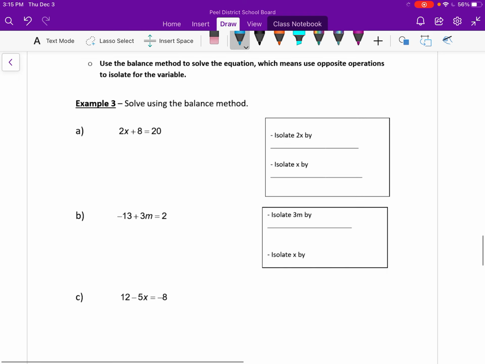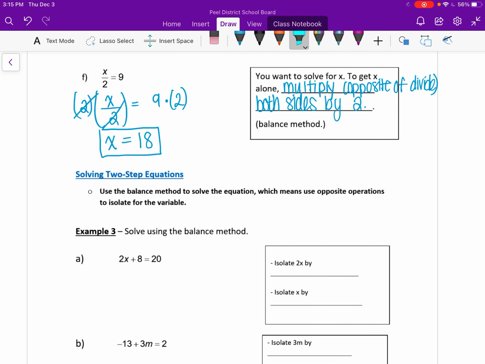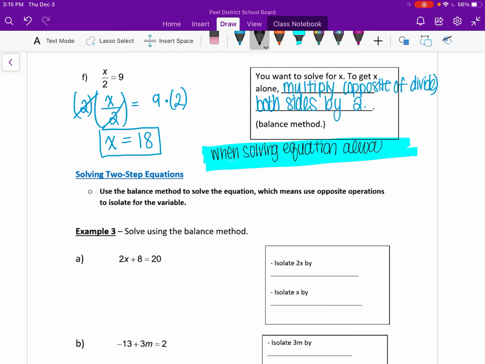Okay. So the biggest takeaway I want you to take away from this is, and I'm just going to highlight it down here, when solving equations, always use balance method.